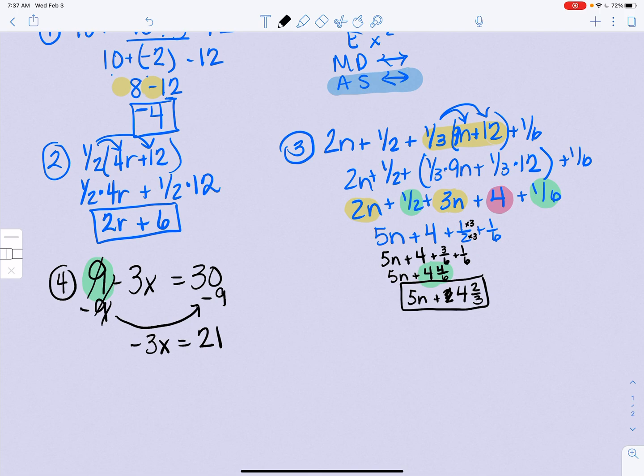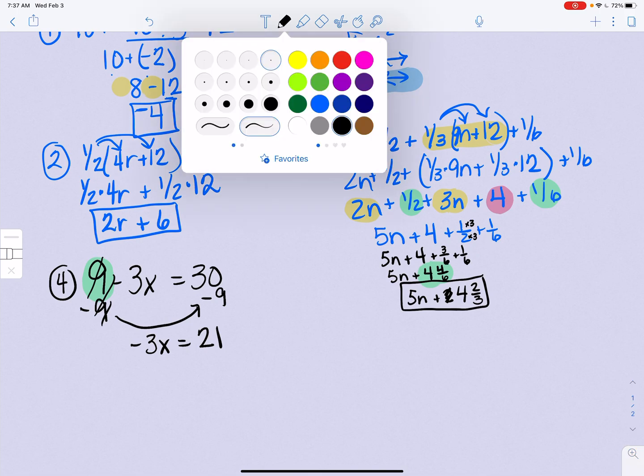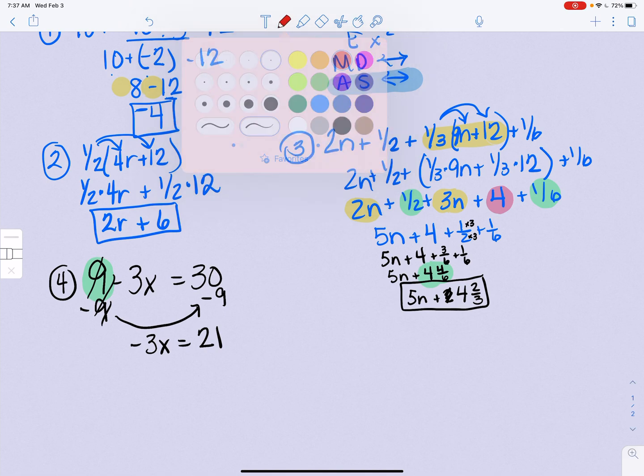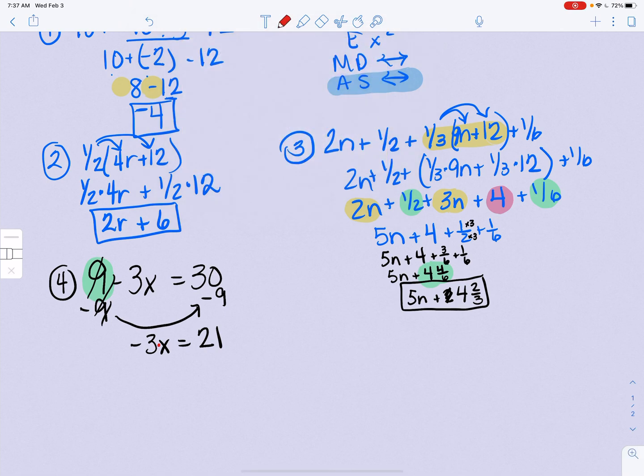Okay, now remember, if you will, find a color, that 3, when they're close together, that means 3 times x. So I'm going to divide both sides by negative 3. That means that on the left side where the x is, now that variable is isolated.